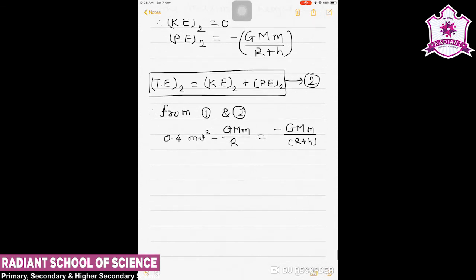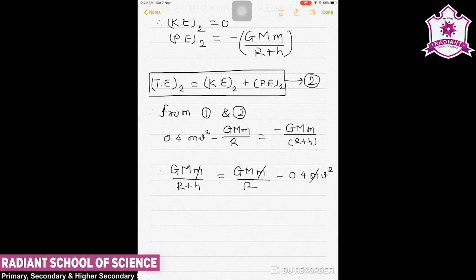If we bring this to the right hand side, GMm over R plus h is equal to GMm over R minus 0.4 mv square. This m will cancel out from each term.